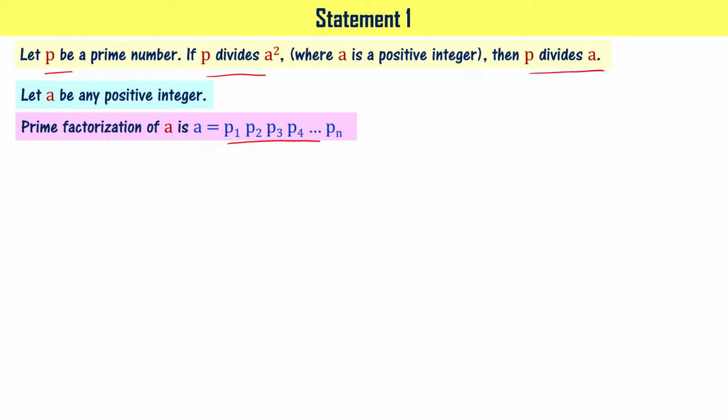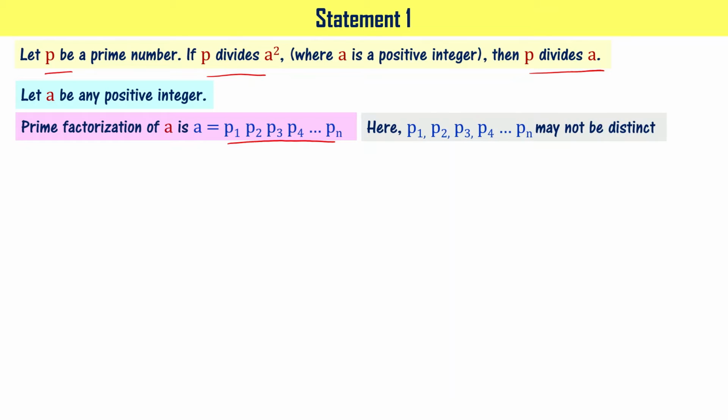For example, if it can be written as product of n number of prime numbers, then we can write it like this. In the case of 210, we have seen that it can be written as 2 times 3 times 5 times 7, right? In this particular case, I say that A can be written as P1 times P2 times P3 times and so on up to Pn, right?